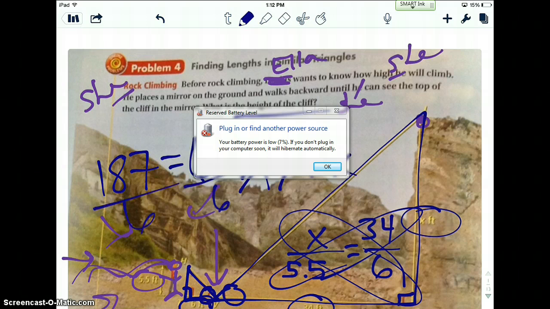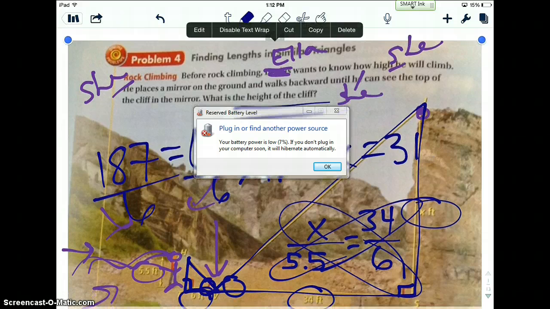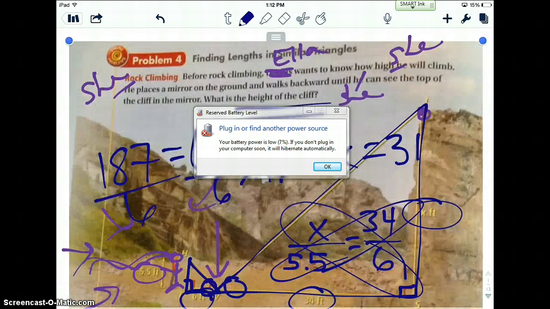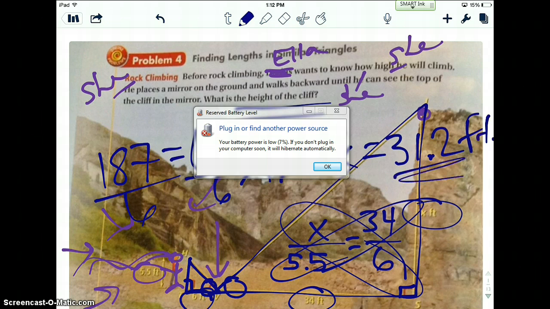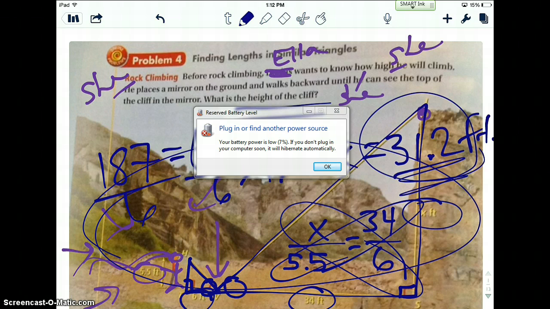And uh-oh, Ella, you are climbing a cliff that is, I'm going to approximate here, 31.2 feet high. Whew. Okay, and that's just using similar triangles, what's known as indirect measurement. Now you know, Ella, rock climbing. Get that mirror out.